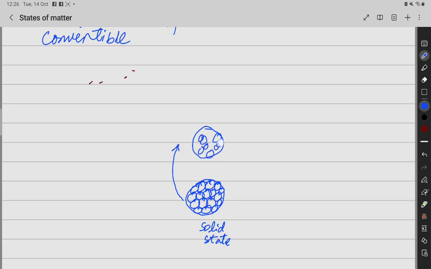This is liquid state. When it changes into liquid state, it is known as melting. It gains heat and particles become far apart, and solid changes into liquid state.